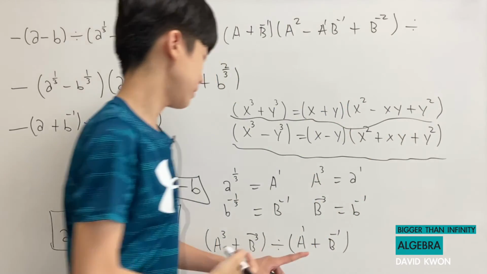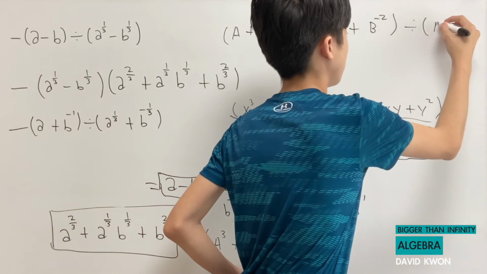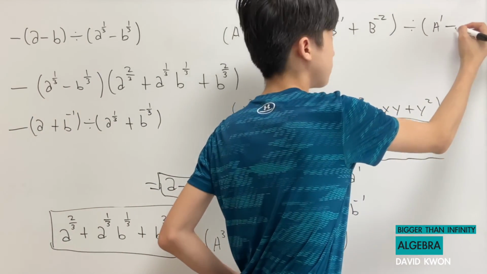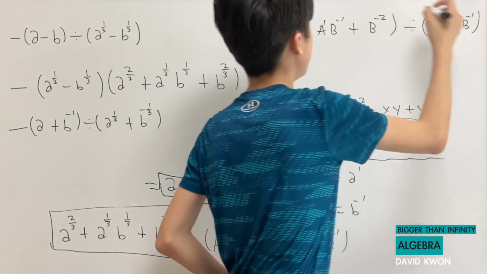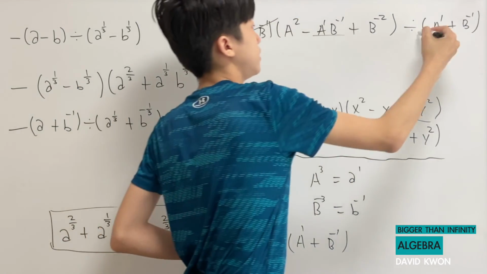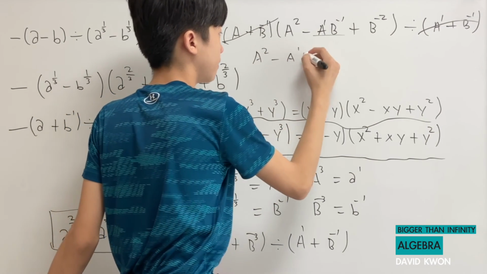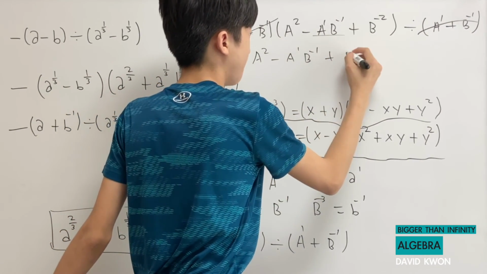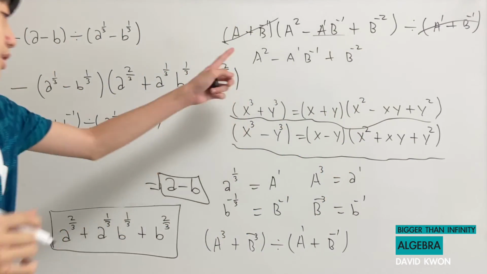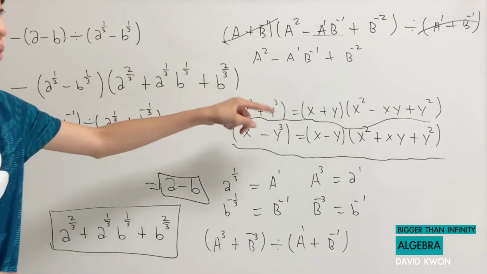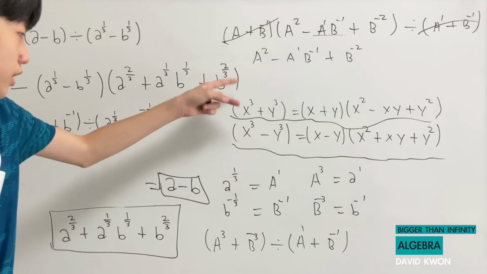Divided by this. Alright, and now this and this cancel out, leaving this. But remember what we substituted to get this. Now we gotta do the backward and undo that.